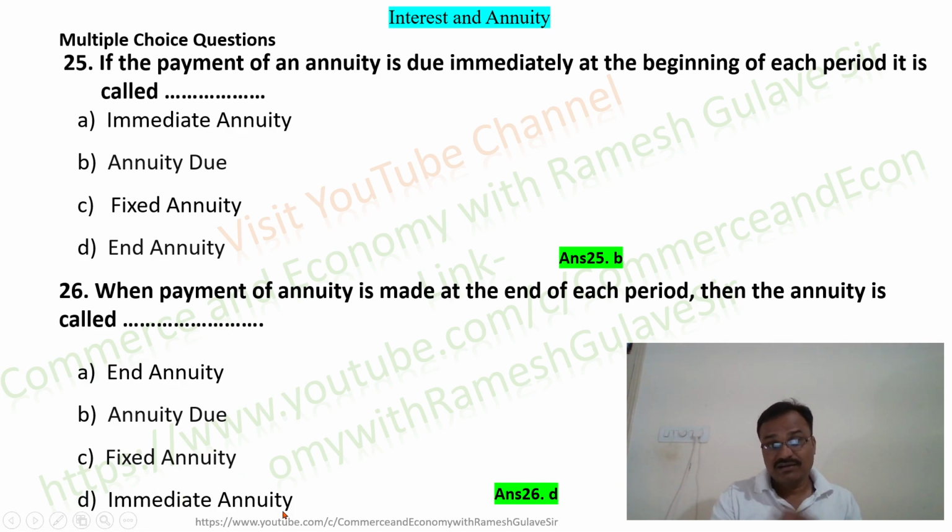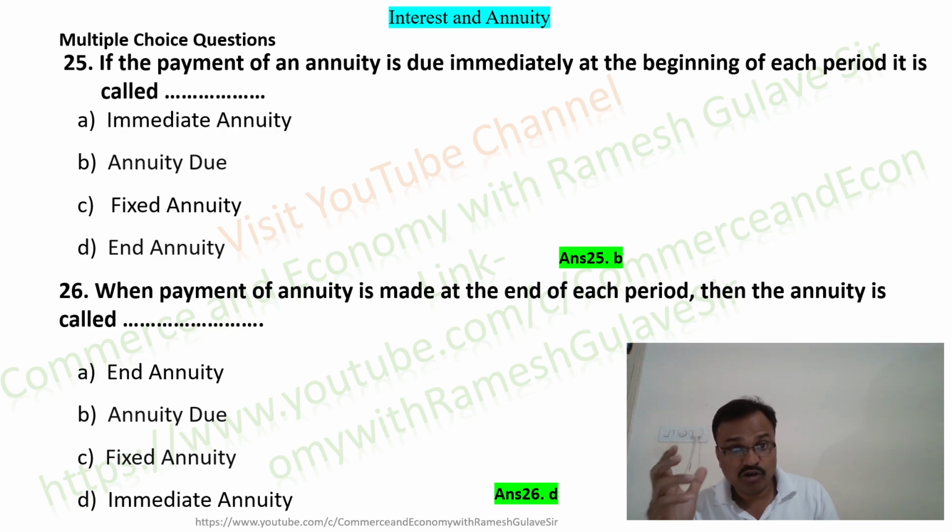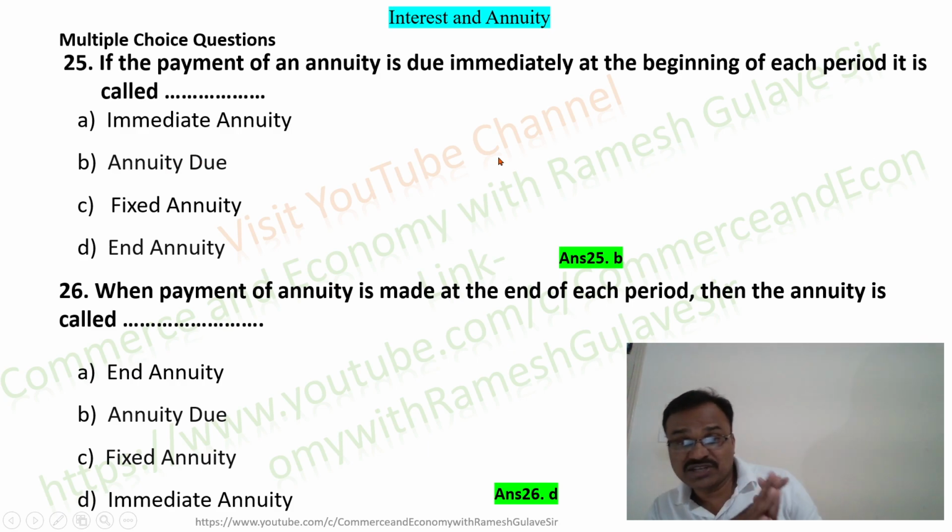Okay, so here the concepts are confusing, even though the second question, number 26, says that when payment of annuity is made at the end of each period, then the annuity is called immediate. Here we are making the payment at the end, and it is called immediate annuity. And when we make payment at the beginning in advance, it is annuity due. Now I hope both the concepts are clear.